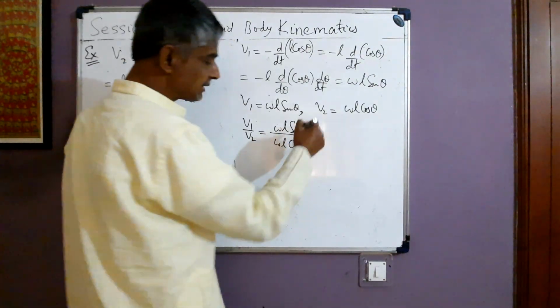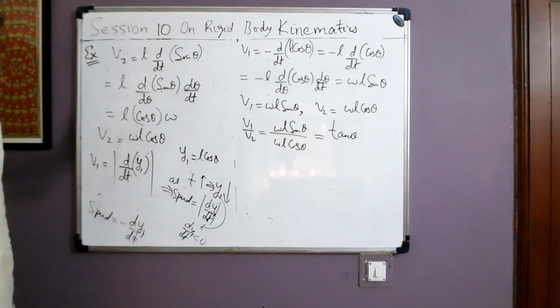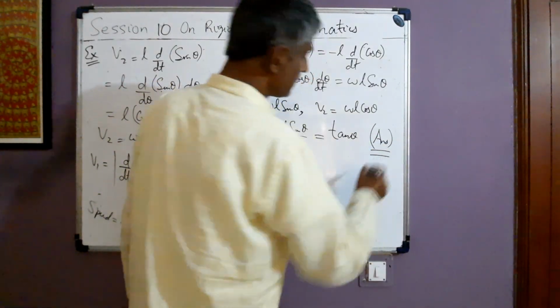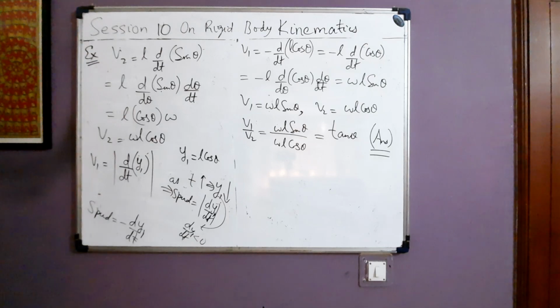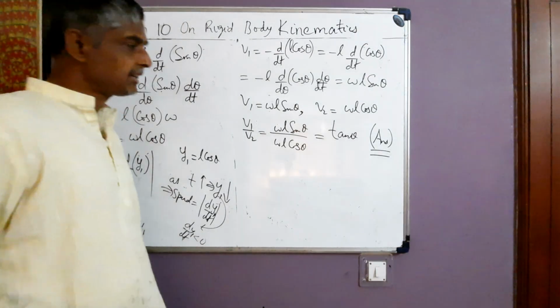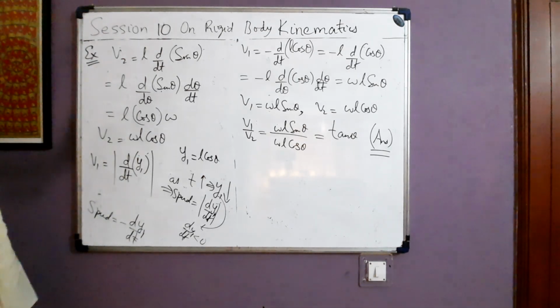Omega L cancels out, sin by cos becomes tan. So V1 by V2 becomes tan theta. This is the required answer by method 1.